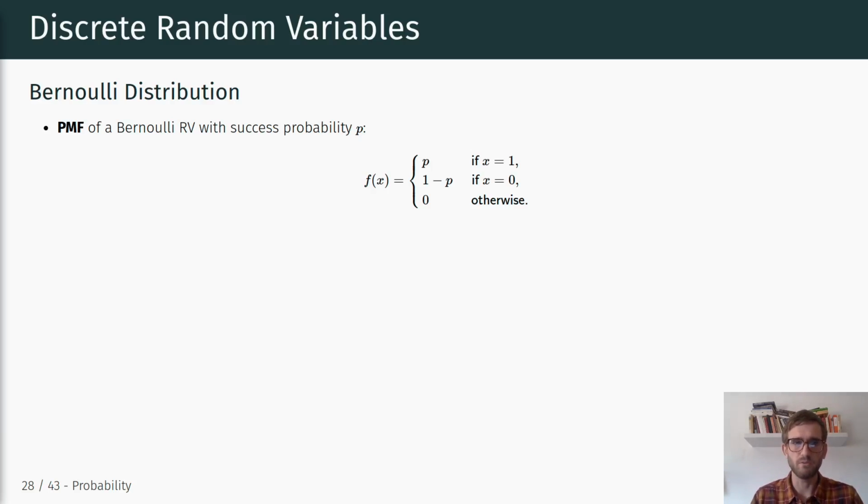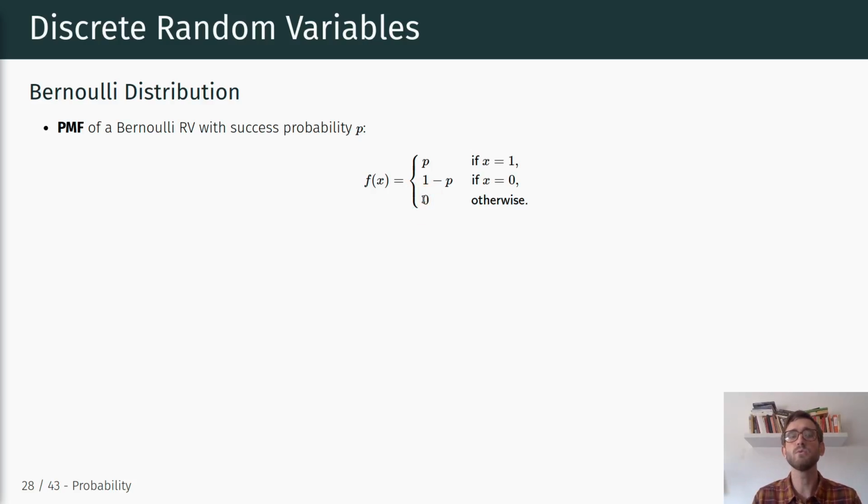And as I mentioned in the previous video, the probability mass function is the function that basically assigns a probability for each individual outcome of that experiment, right? So our outcome can either be 1 for heads or 0 for tails, and having heads has the probability of p, having tails has a probability of 1 minus p, and of course everything else has a probability of 0, right?